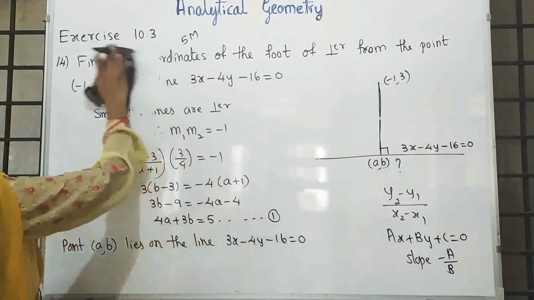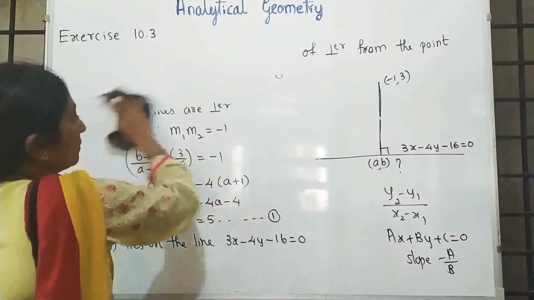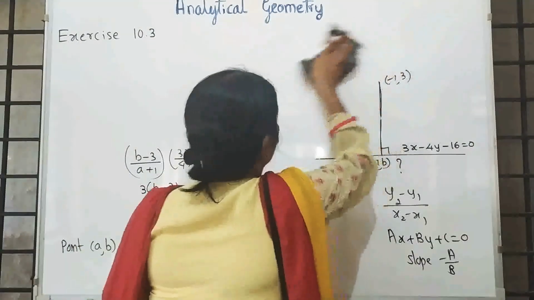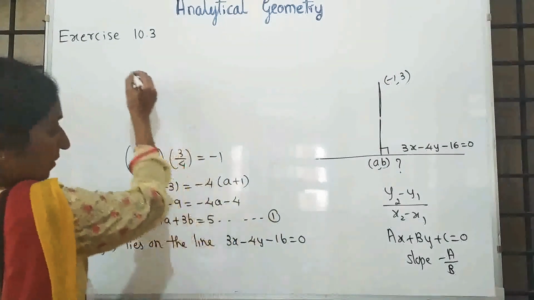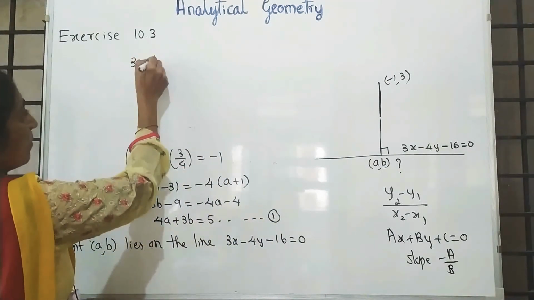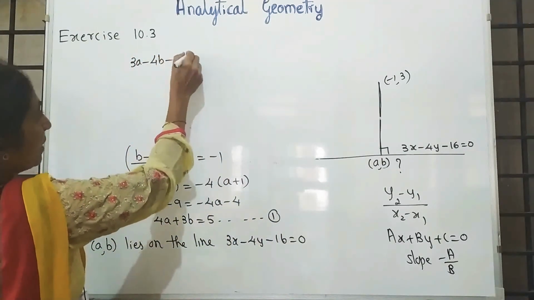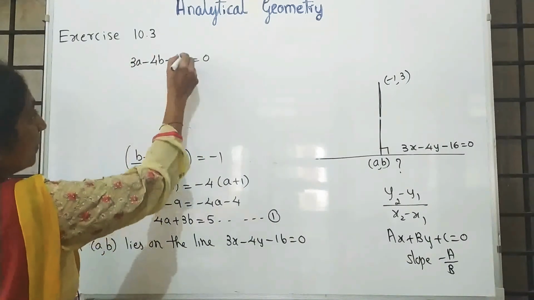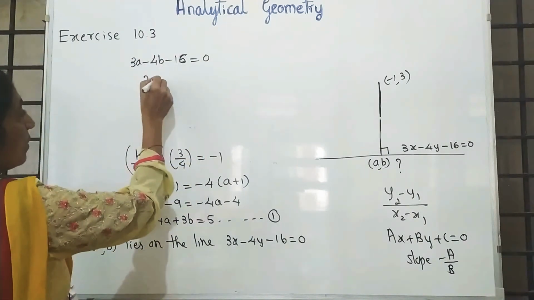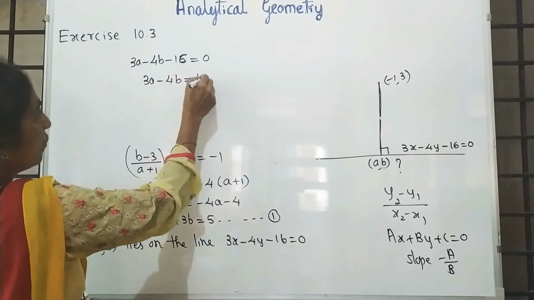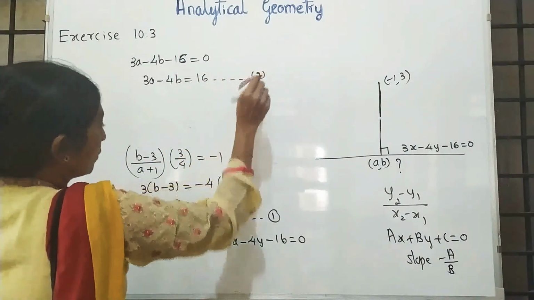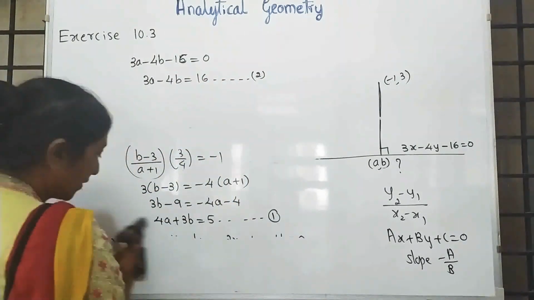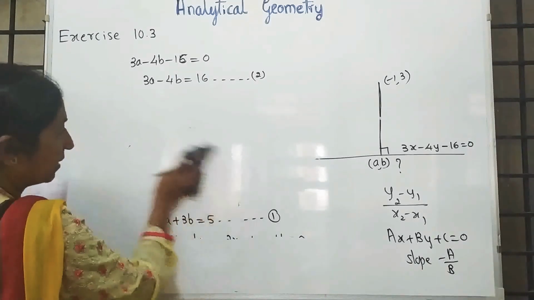That is, 3a minus 4b minus 16 is equal to 0, or 3a minus 4b is equal to 16. This is equation 2. Now solve equations 1 and 2, that gives you the a and b values.